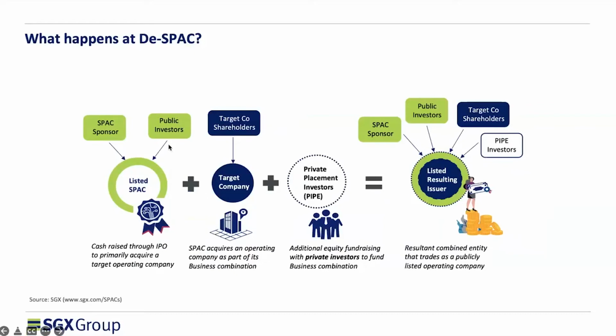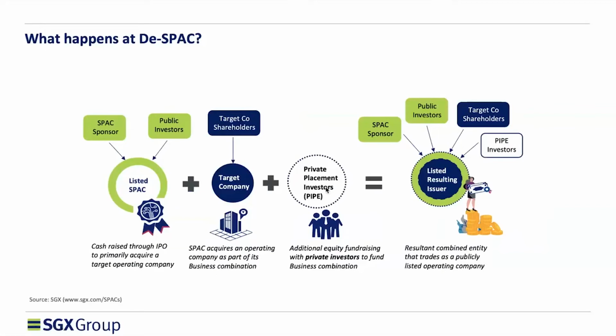Once a target company is found, what happens is that potentially the target company shareholders would come in as part of the combination as well. We also have another group of investors who are called the PIPE investors, who are private placement investors.